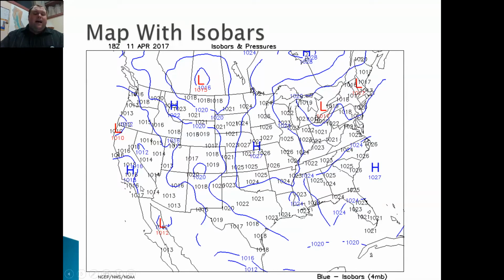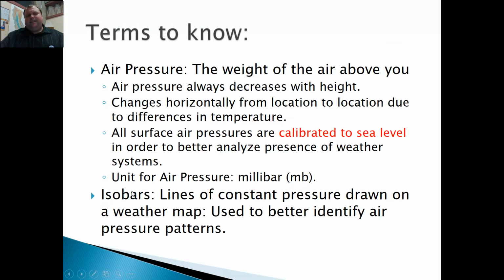And an isobar is simply a line of constant pressure drawn on a map. And the purpose of this is it divides the areas that have higher pressure from the areas that have lower pressure. And once you plot a few of these on a map, you get a really good visualization of what pressure patterns look like.